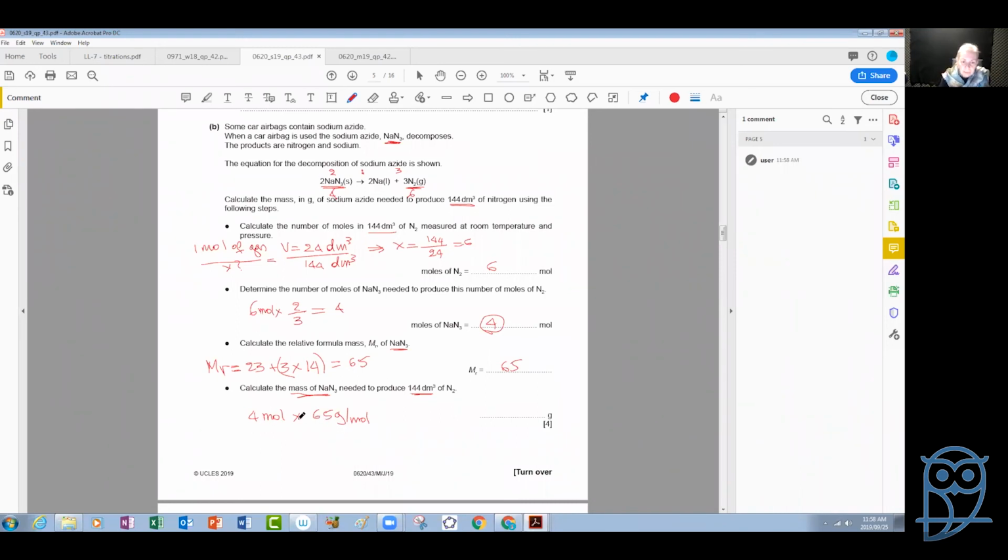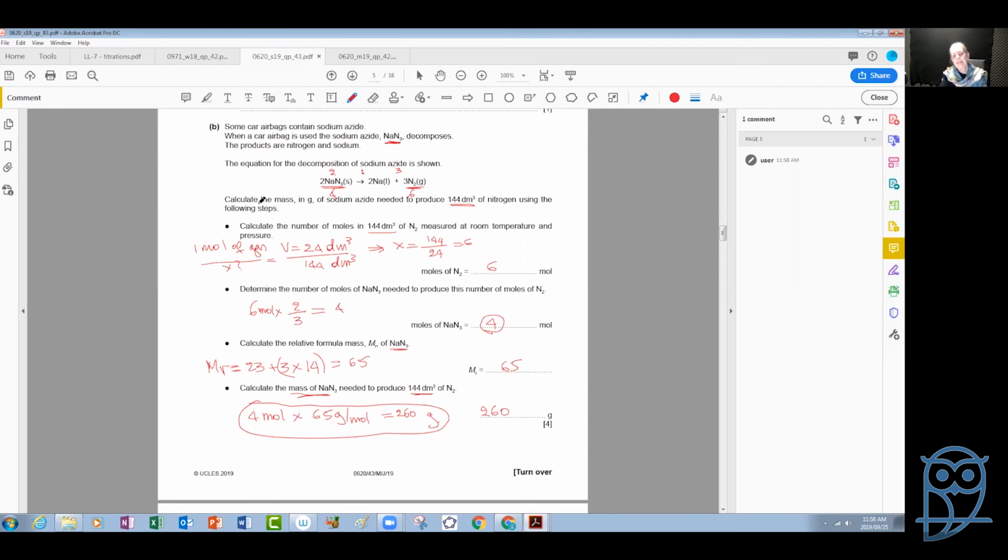So we simply multiply 4 times 65 grams per mole, which gives 260. This is our answer: 260 grams. We change those moles into the mass they represent.